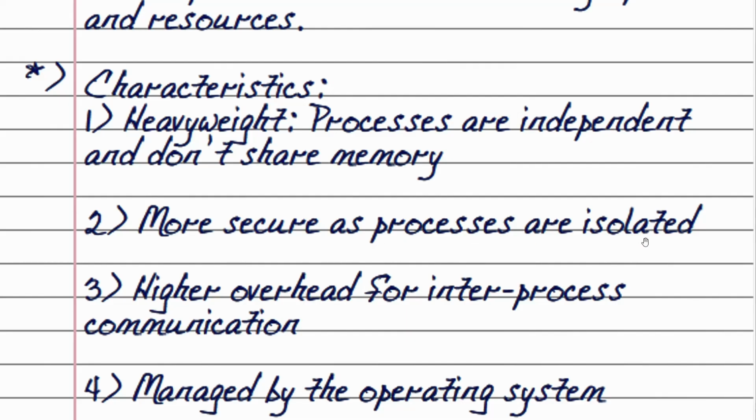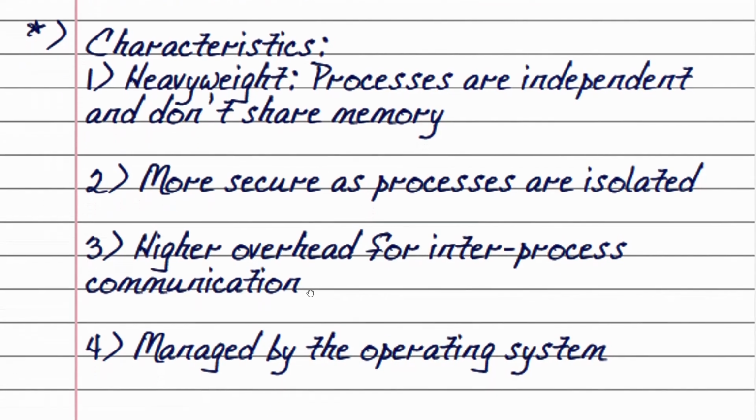So that means process-based multitasking is more secure because processes are isolated. Third point, higher overhead for inter-process communication, that is IPC. The overhead is high. And the next point, process-based multitasking is managed by the operating system, like Microsoft Windows, Mac, Linux, etc.